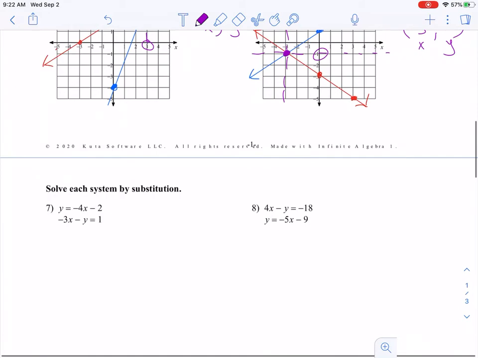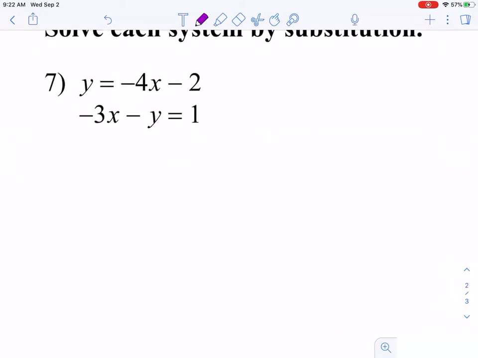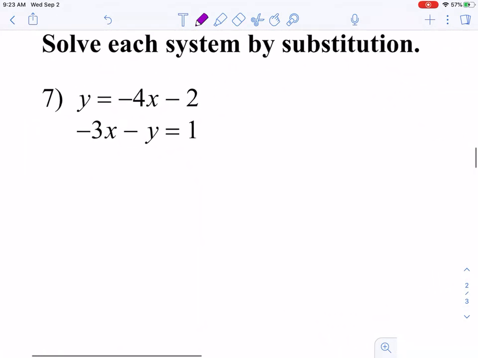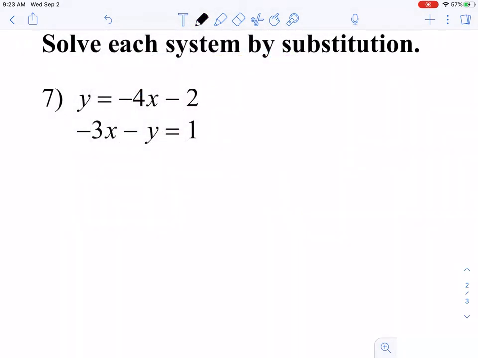Okay, we're going to solve each system by substitution. Eventually, we're looking for an ordered pair, an x comma y, an x value and a y value. For 2.2, we are just going to be looking to solve for one variable, and then we will solve the other variable in future lessons. So here's what I'm going to do.